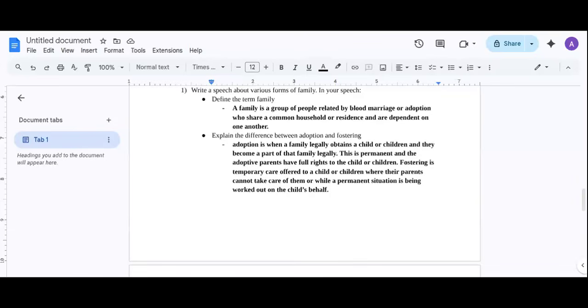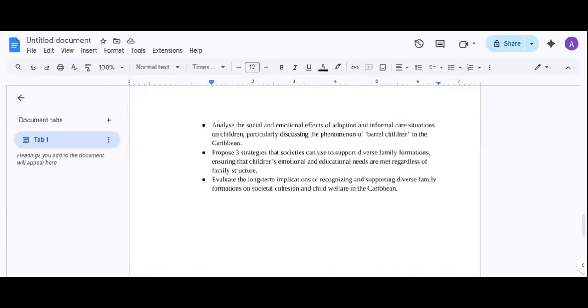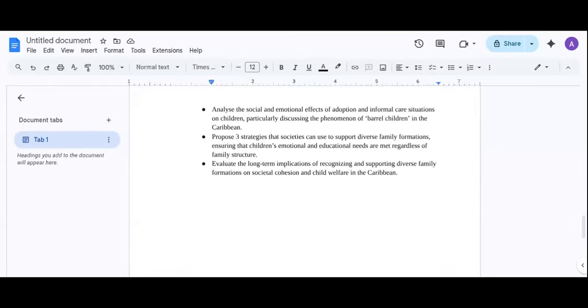The next part says to analyze the social and emotional effects of adoption and informal care situations on children. So that's that first part. And then the second part, they want you to particularly discuss the phenomenon of barrel children in the Caribbean.